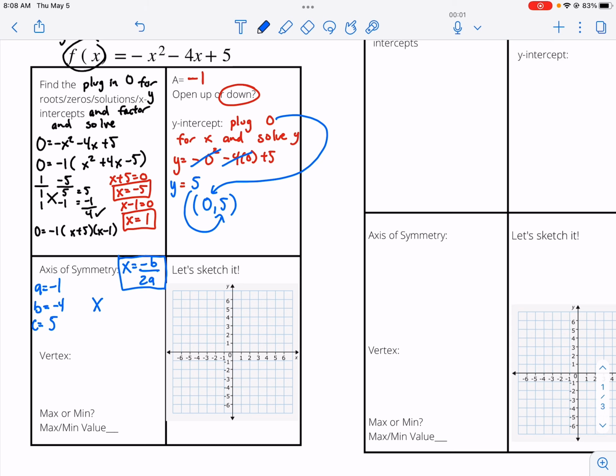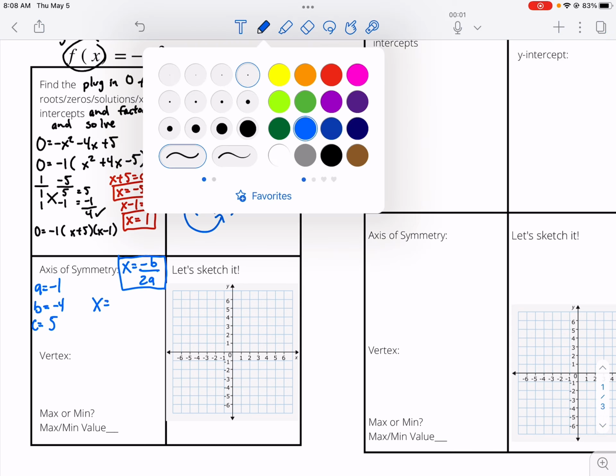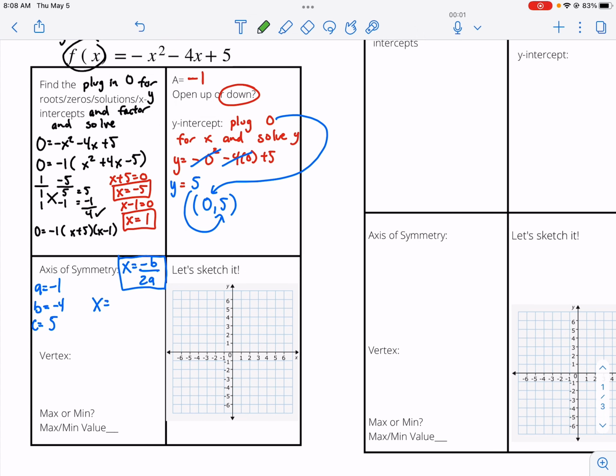So I have x is equal to negative 4 over 2 times negative 1, which is positive 4 over negative 2, which is negative 2. So my axis of symmetry is that x equals negative 2.